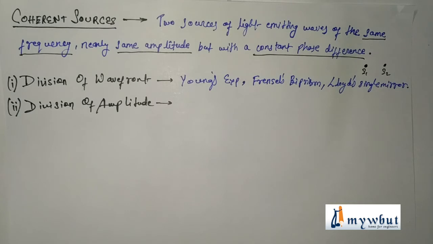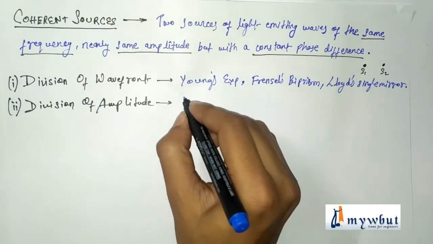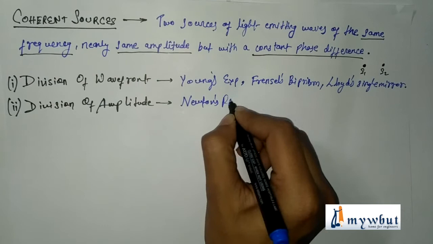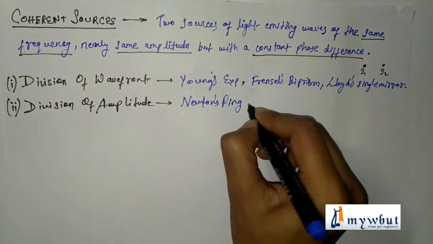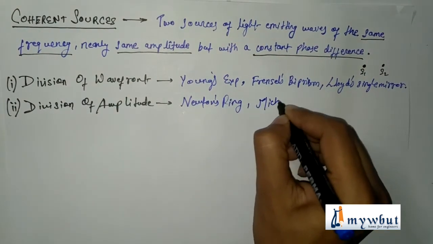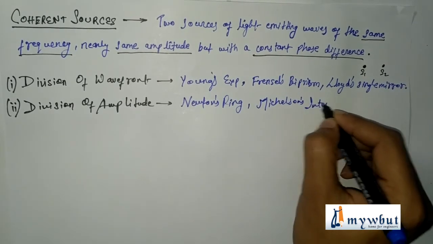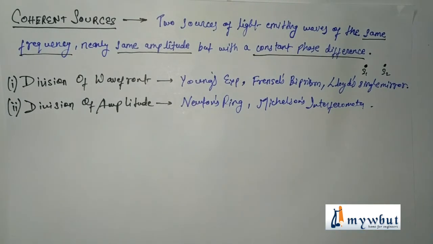So an important experiment including the division of amplitude method is Newton's ring experiment or Michelson's interferometer. So these, friends, are the examples where these methods are being used.